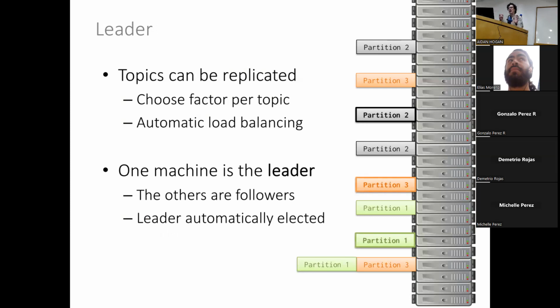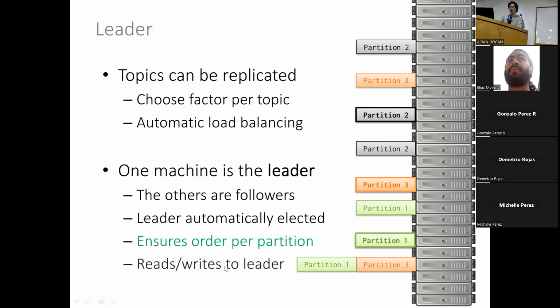So we don't have some master to say this is the leader, but they can be chosen. The leader then allows us to essentially ensure that we have a consistent view of each partition across the different machines. Basically, it allows us to ensure that there's, in this case, for example, order per partition.